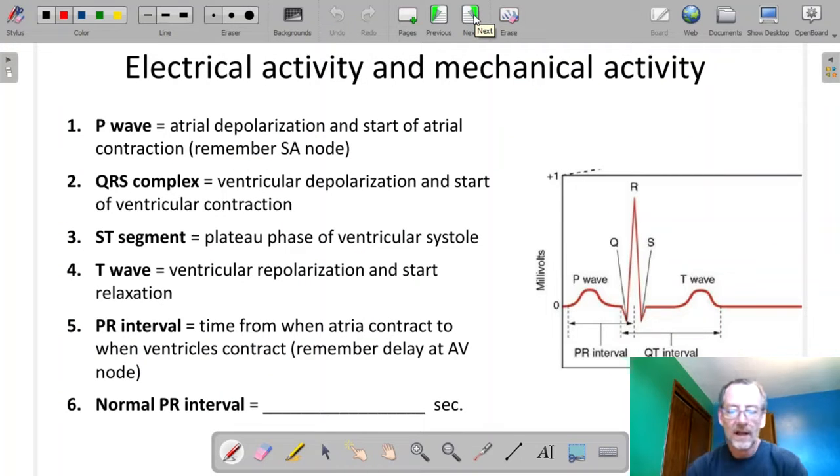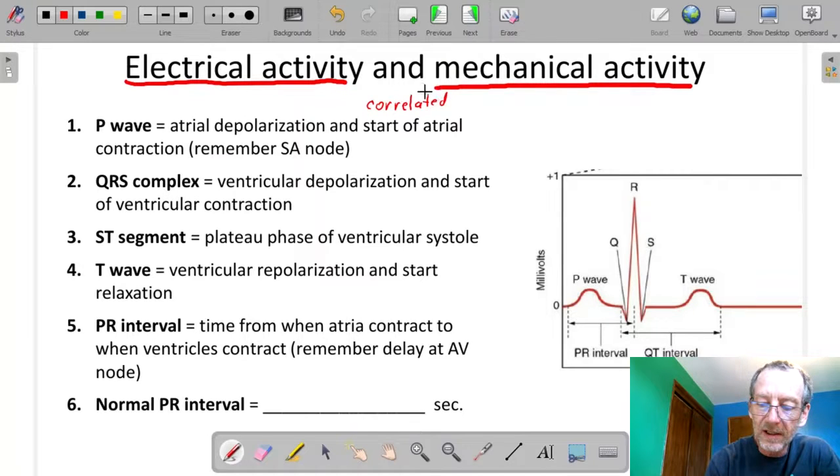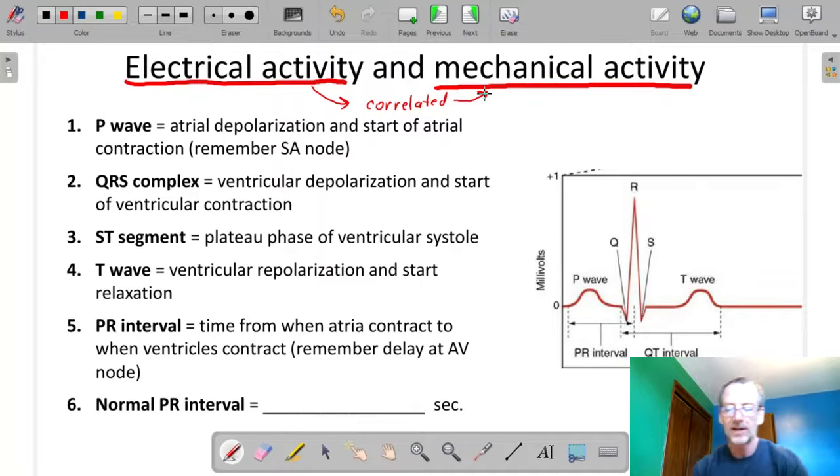Next slide. And here we're talking about the electrical activity and how it's correlated with the mechanical activity. So this is the pumping of the heart. This is the contraction of the heart. And the two are correlated. They're connected. So the electrical activity drives the mechanical activity, like wires to a motor, if you will.